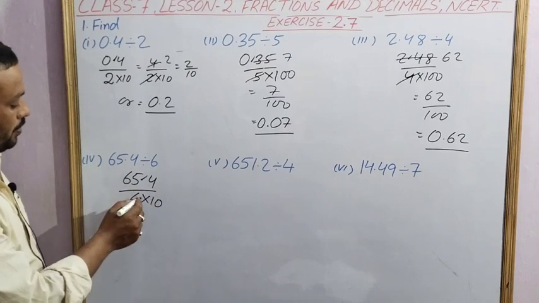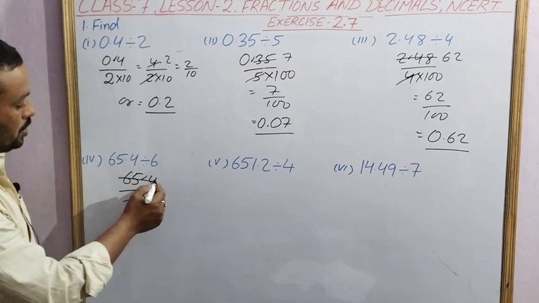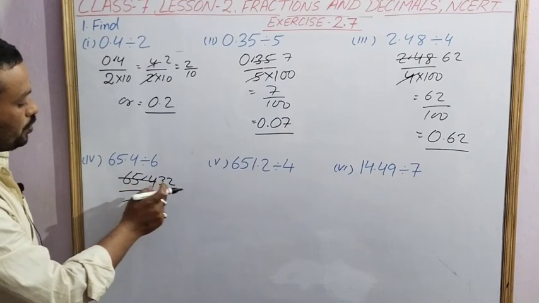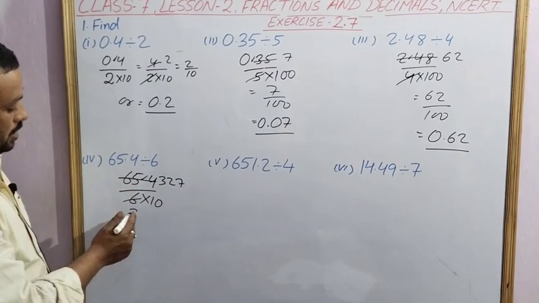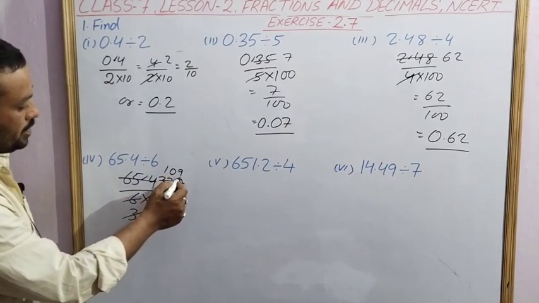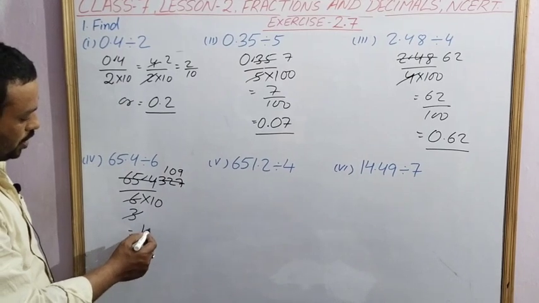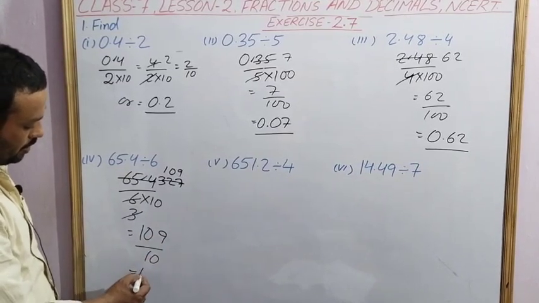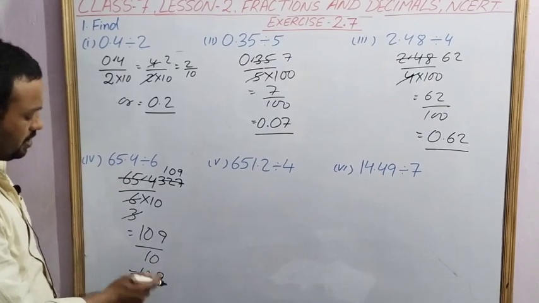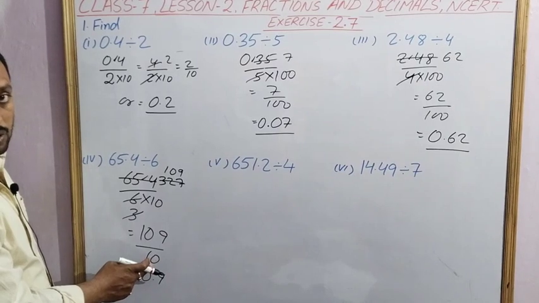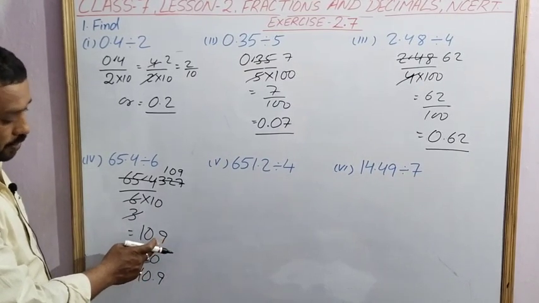Now for division, divide by 2. 2 times 3, 2 times 3, then 2 times 2 are 4, 14, 7 times. 3, again it is divisible. 3 times 1 is 3, 0, 3 times 9 is 27. That is 109 by 10. If you are dividing by 10, it will come 10.9, because here we have only one 0, so we will put the decimal after one digit.